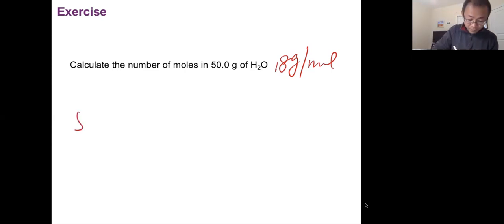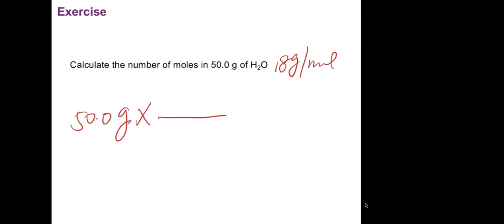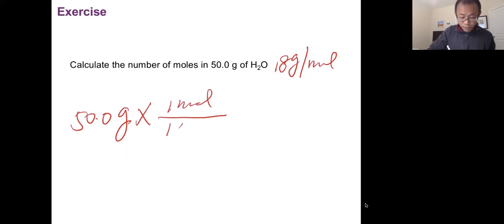I do the same, start with the given 50 grams times, can anybody tell me what do I need to multiply with? 1 mole over 18 grams. Very good. Where do we get 1 mole over 18 grams? From the molar mass, guys. Why do I put grams in the bottom? Because I want to cancel grams to get moles. So grams cancel.